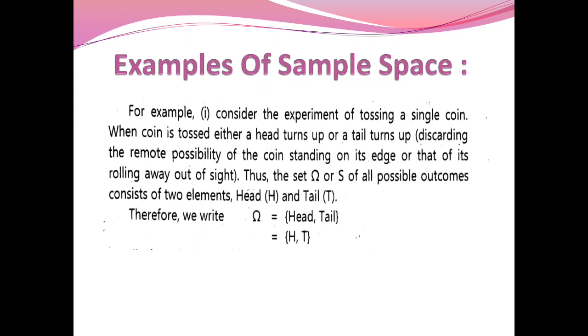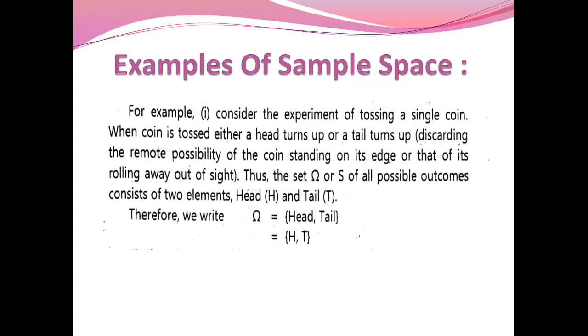Example of sample space. First example is consider the experiment of tossing a single coin. When a coin is tossed, either a head turns up or tail turns up, discarding the remote possibility of the coin standing on its edge or that of its rolling away out of sight.